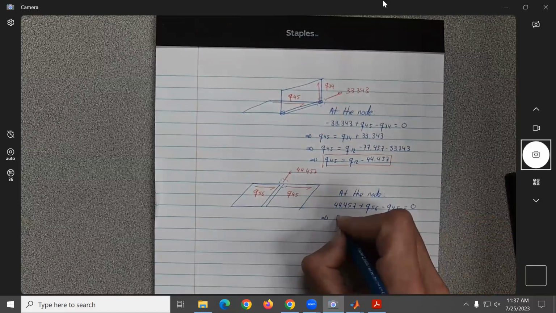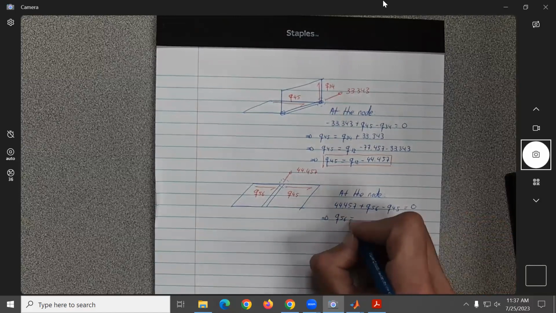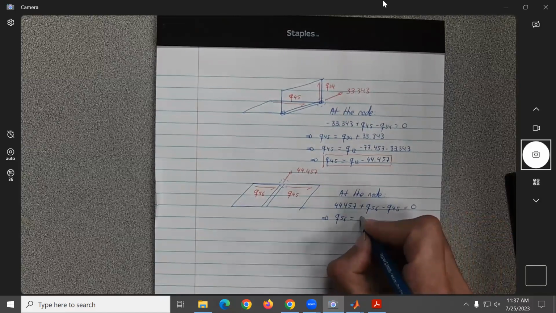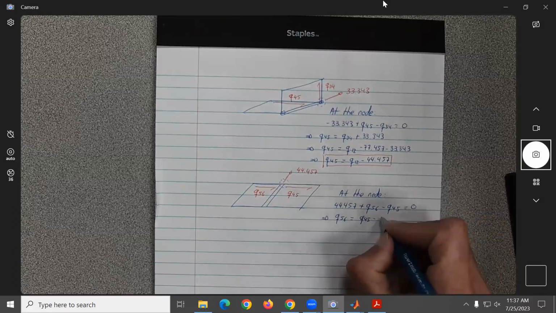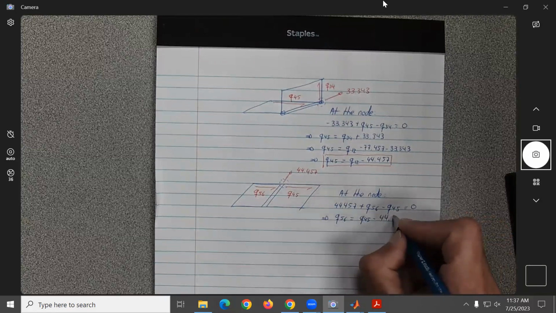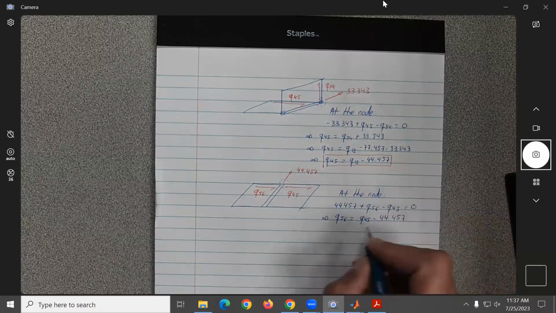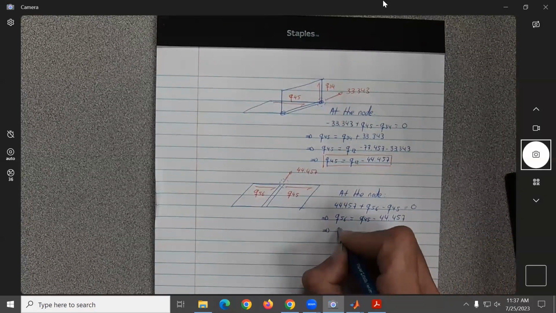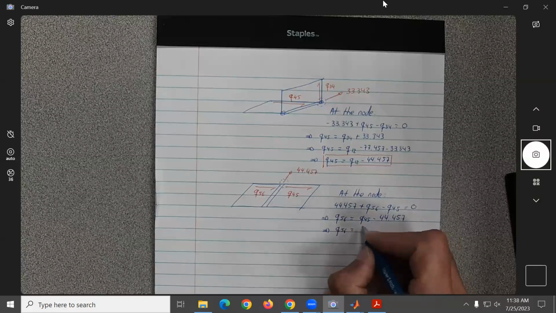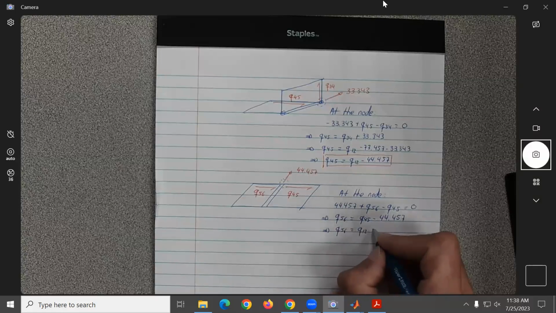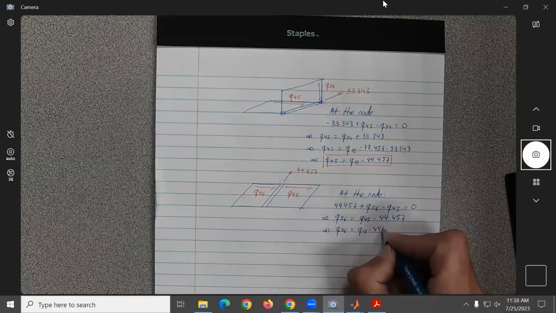This is going to give Q56 equal to Q45 minus 44.457, which is going to give Q56 equal to what? Q12, the one from before, minus 44.457.